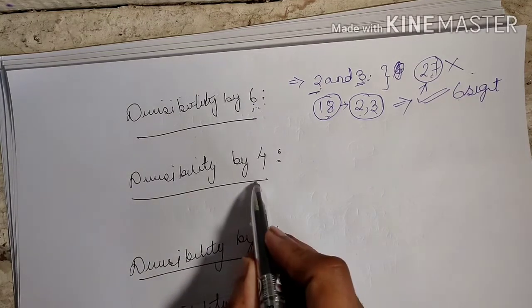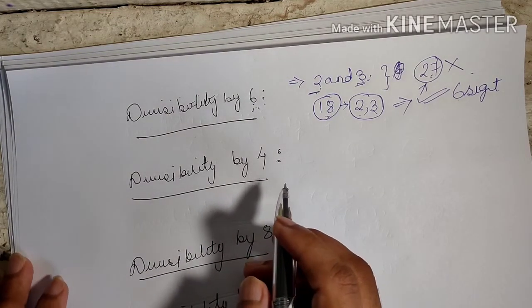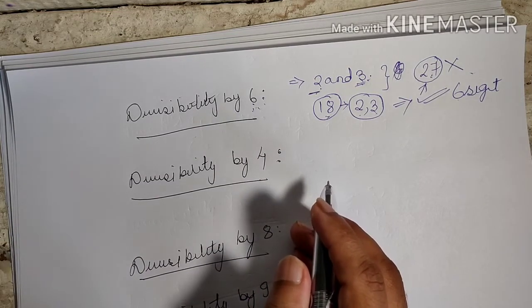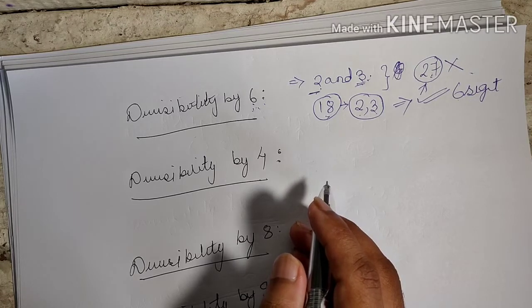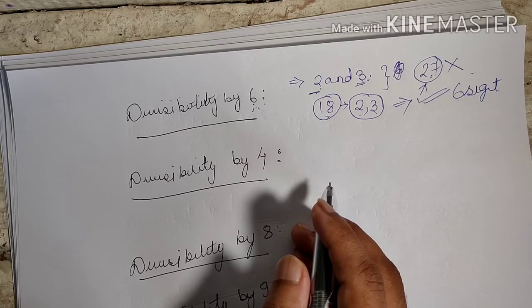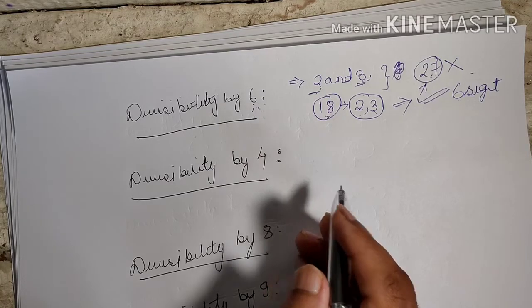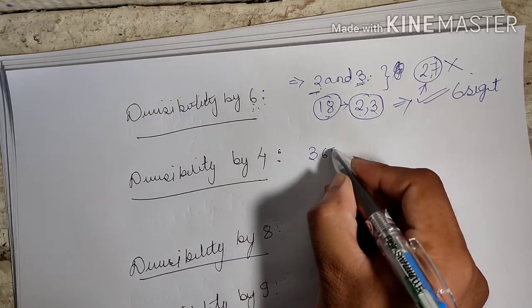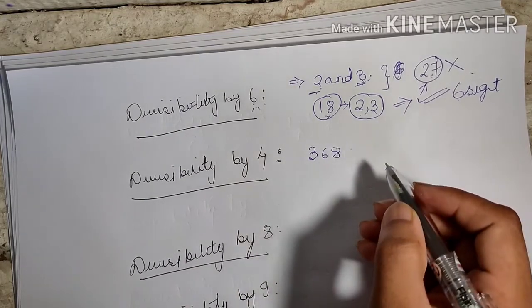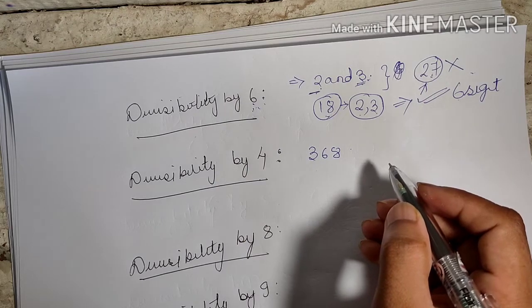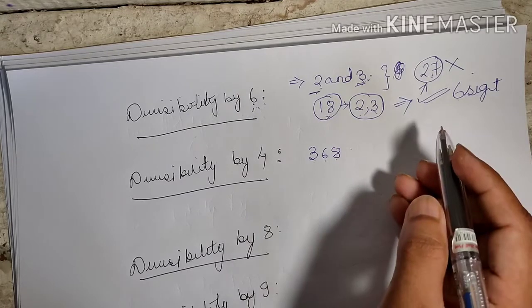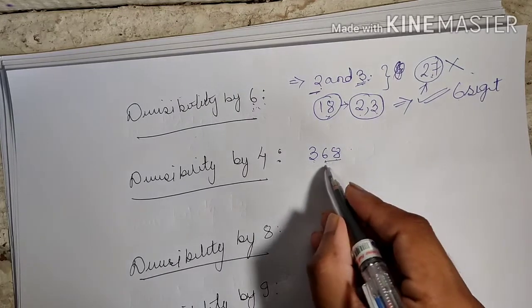That means the divisibility test by 4. Suppose you are given a number with 3 or more digits. Then what will you do? Suppose 368 is given to you. You have to see only the last 2 digits.